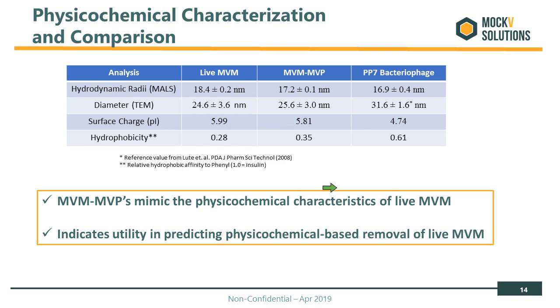If anyone wants to follow up with me later, I'll make the manuscript available. This set of data really set the stage for the follow-up work and gave us an indication that indeed these particles could be used to perhaps accurately predict the removal of MVM based on physicochemical techniques such as chromatography and filtration.